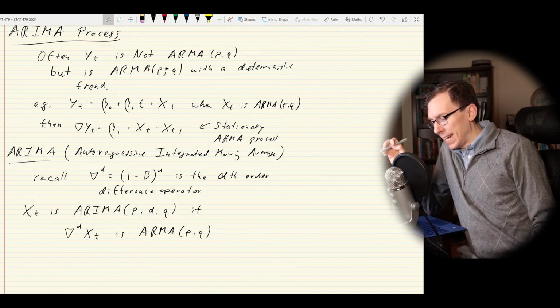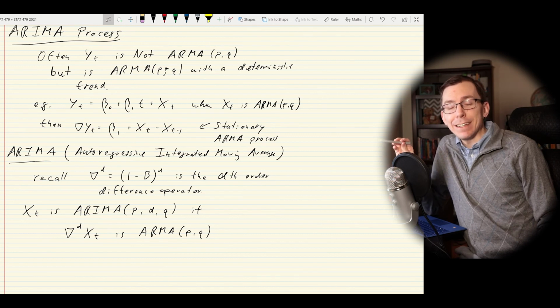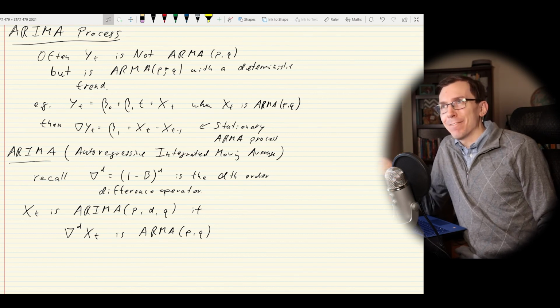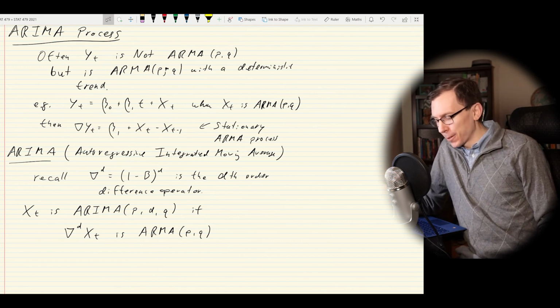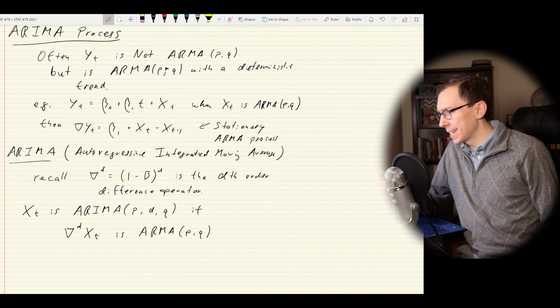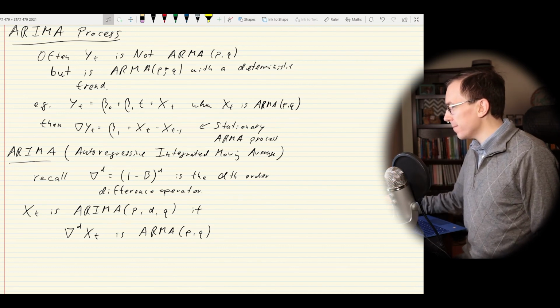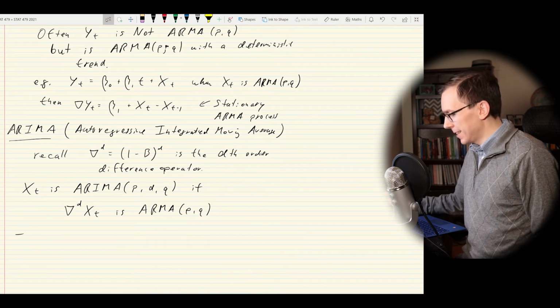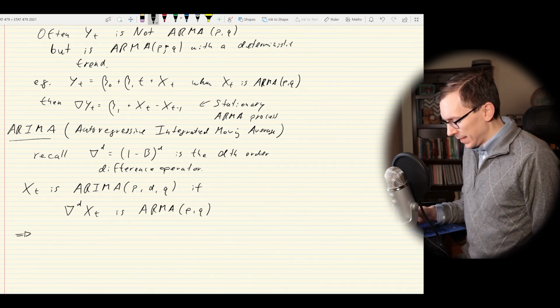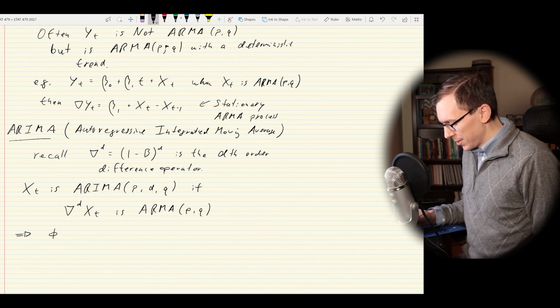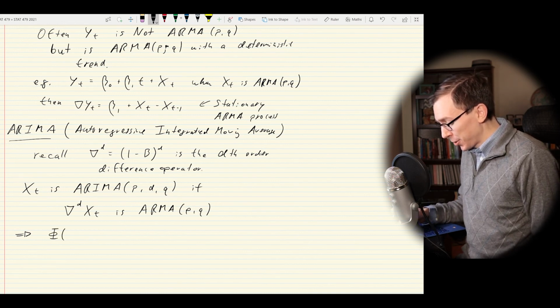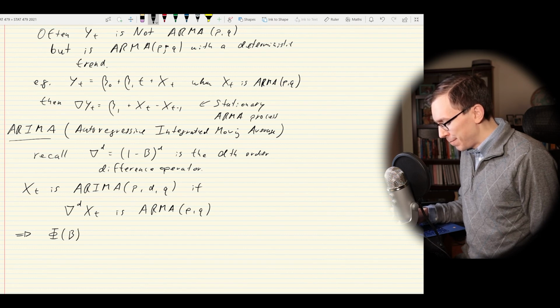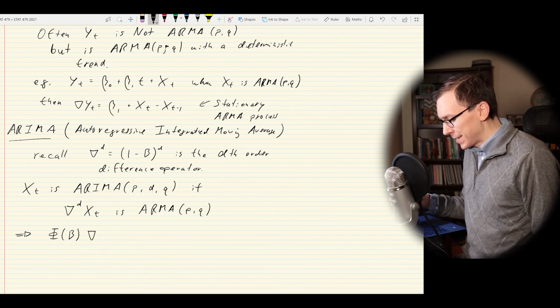So that's the setup. The idea is that we actually want to do d differences, and then after those differences are done, we're left with an ARMA(p,q) process. So mathematically, what does this look like? Well, in terms of operators, we're going to have phi(B), the autoregressive piece.